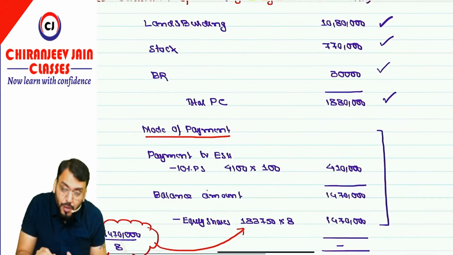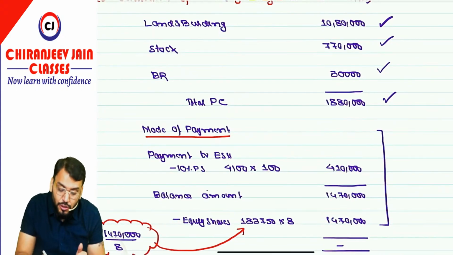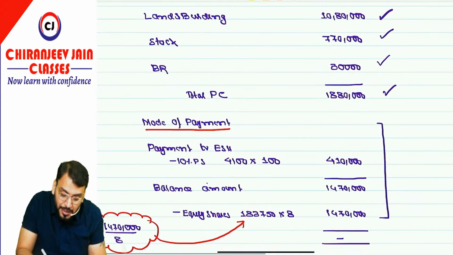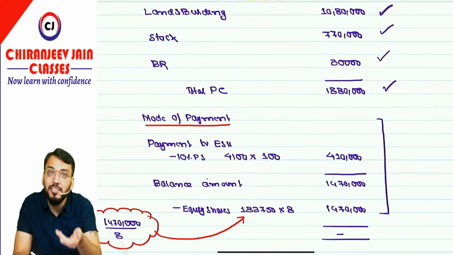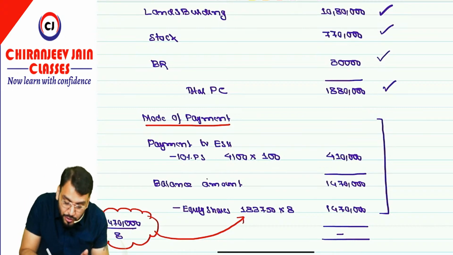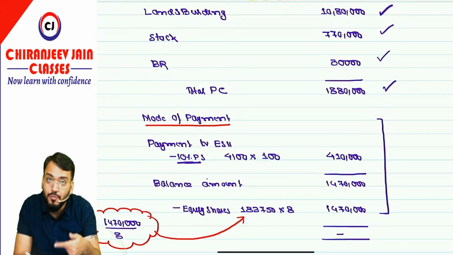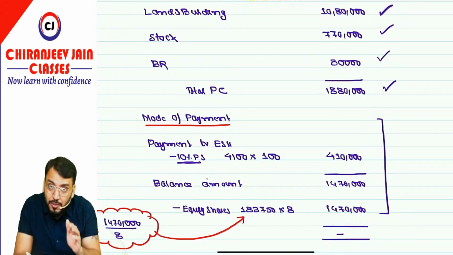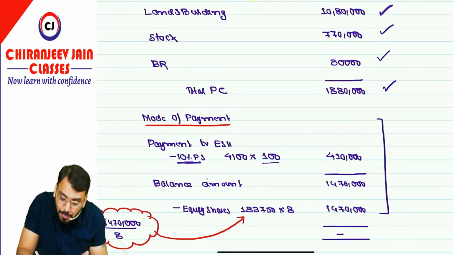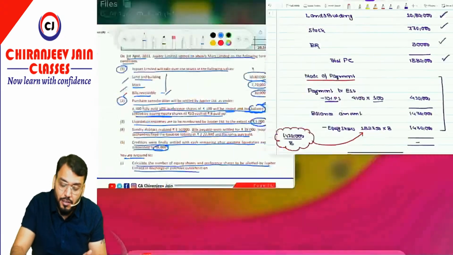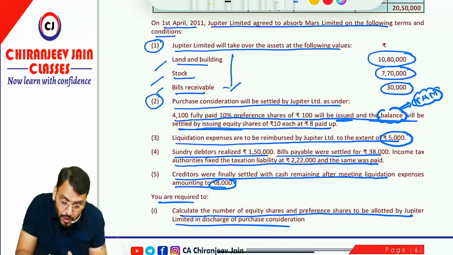Now can I say mode of payment? We need to find out the first payment. So what is the payment to equity shareholders in 10% preference shares? It is given that 4,100 fully paid 10% preference shares of rupees 100 each will be issued.